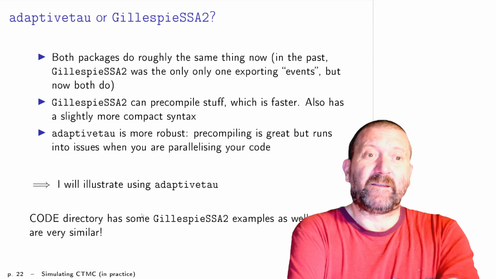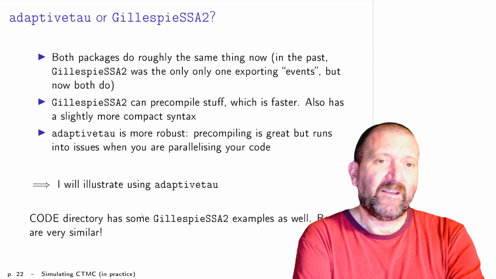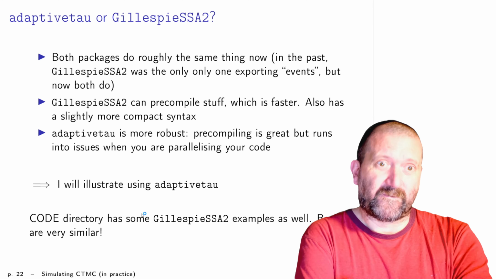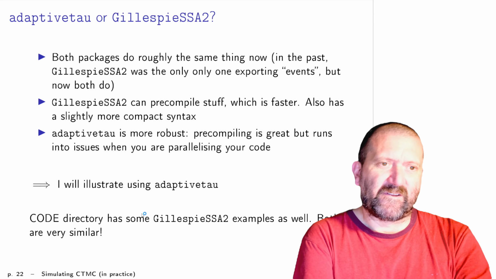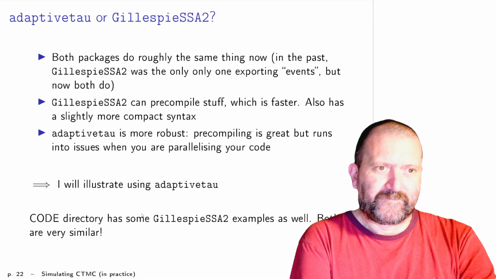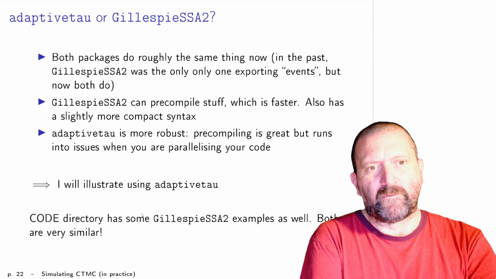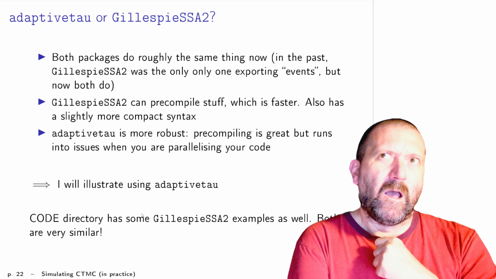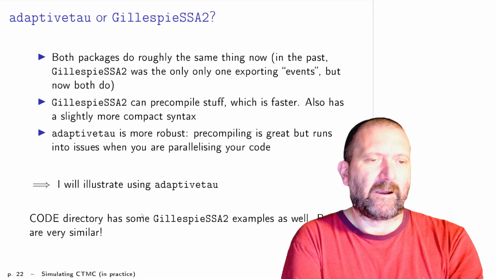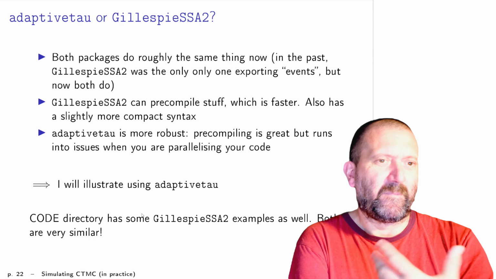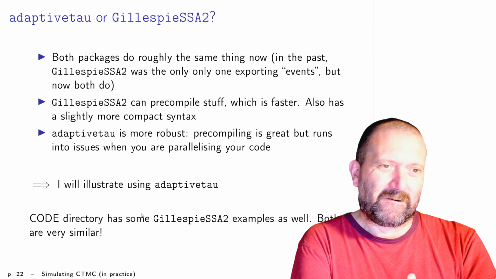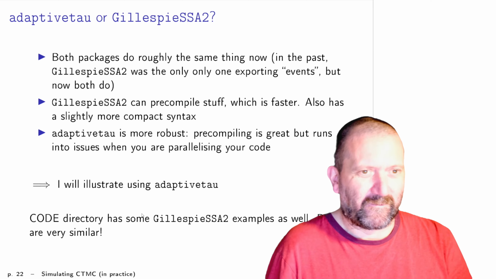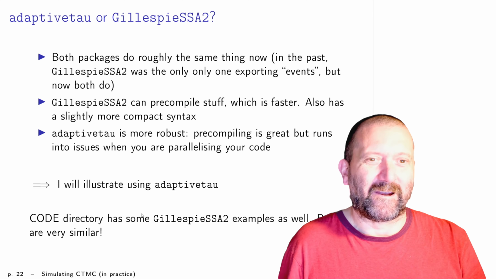It also has a slightly more compact syntax, but I find, personally, in my use of the code, that adaptivetau is more robust. I have run into issues when using GillespieSSA2 in a parallel framework, with a large number of compute nodes. So I will explain that later.